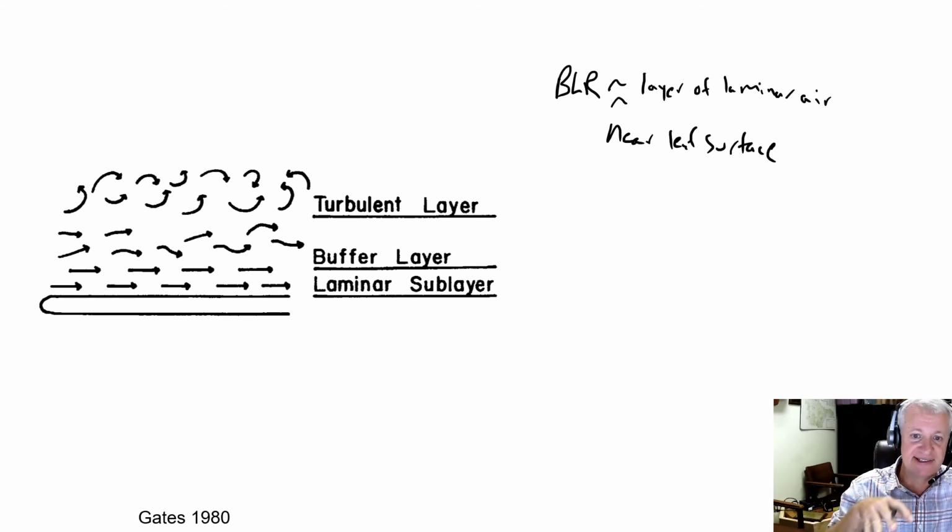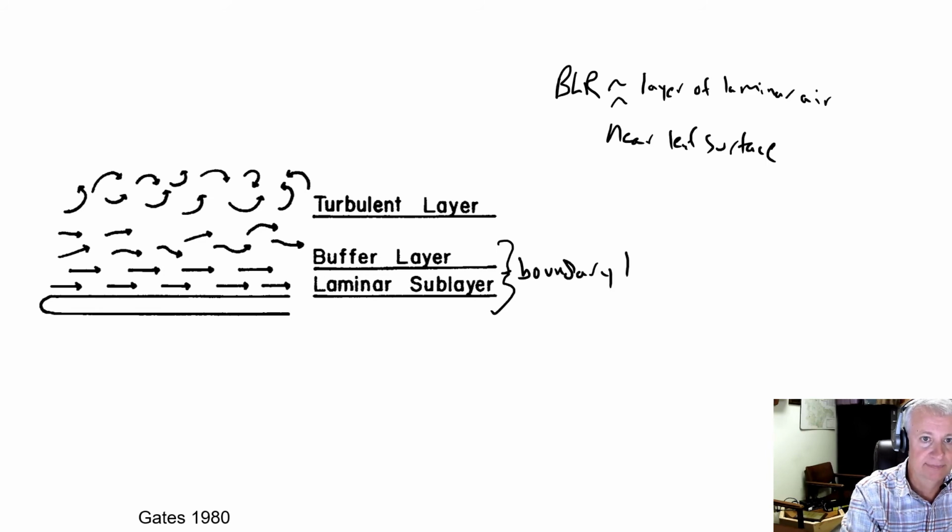And that organization and slowing of air causes that turbulent air to become laminar. That laminar layer is sometimes called the boundary layer. Okay? And that boundary layer is associated with boundary layer resistance.